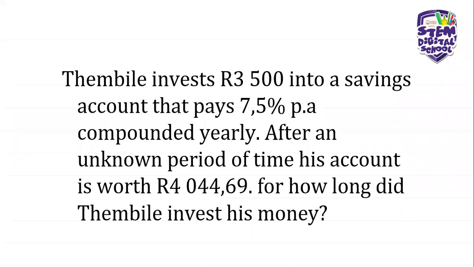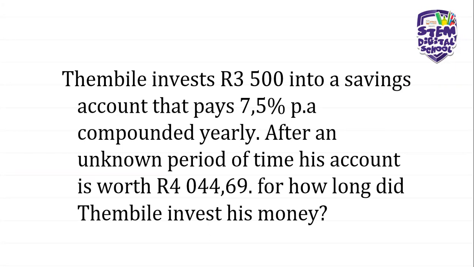is that the principal amount that is given is no longer 500 rand, but it has now increased. It is now 3,500. So you write it down. Very important, write down the given information. You write down 3,500 rand.